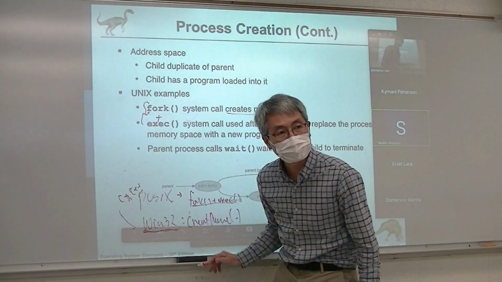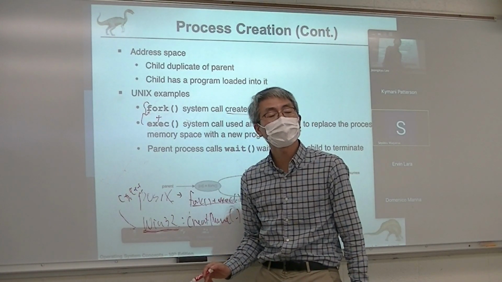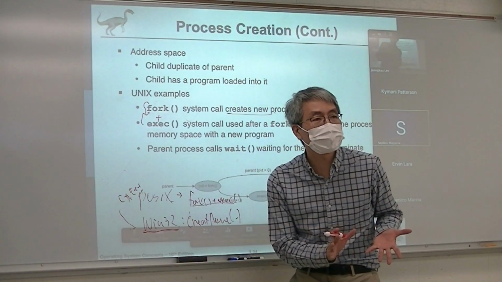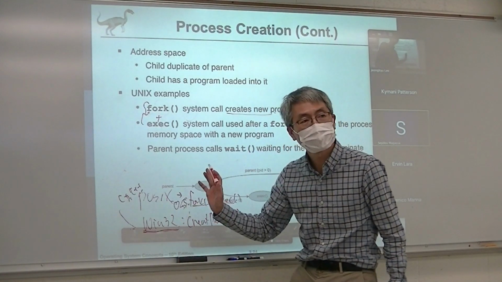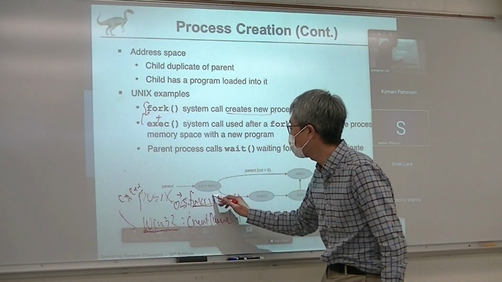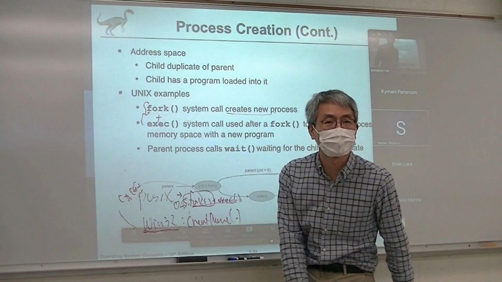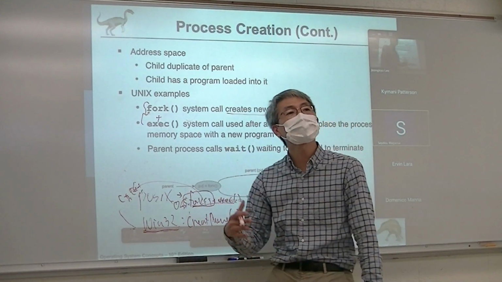This one is Win32. What about Python? I'm using Python. I never used the Win32 API, but the Python library supports such fork and exec. It's the same. Basically, this is Python code that calls the system library. So some programming languages support such a thing, and others do not.